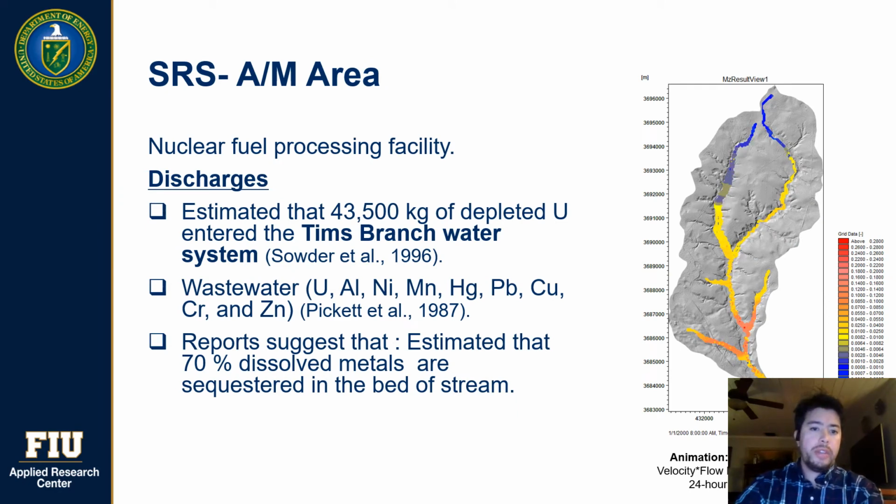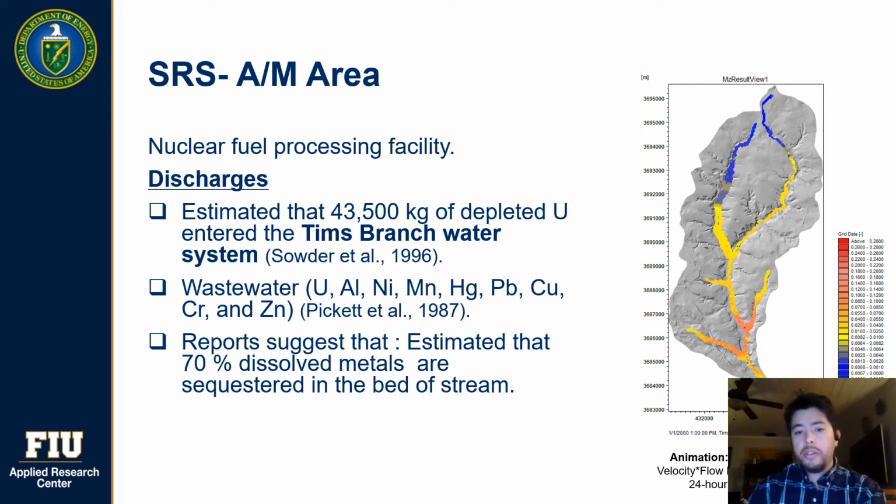So the SRS A/M area, as I've mentioned before, was a nuclear fuel processing facility. And there has been a lot of contamination in that watershed. There have been recorded discharges in which 43,500 kilograms of depleted uranium entered the Tims Branch water system, along with much of the uranium.